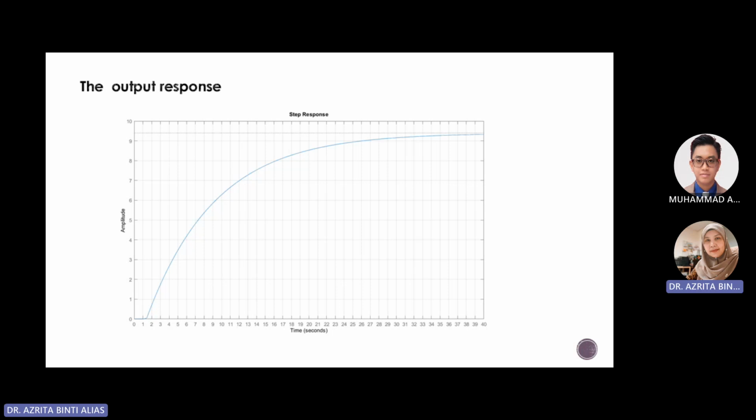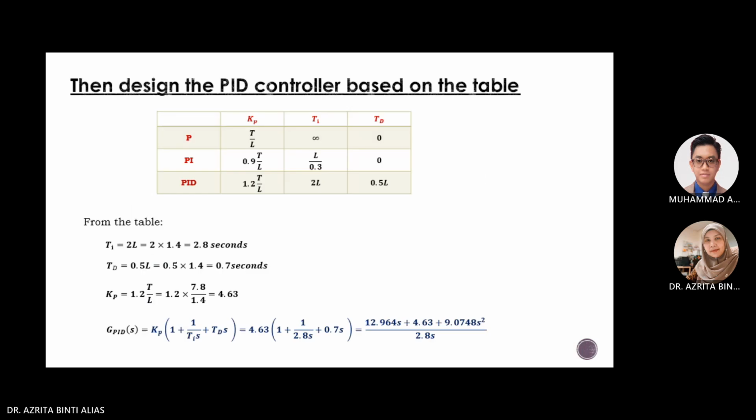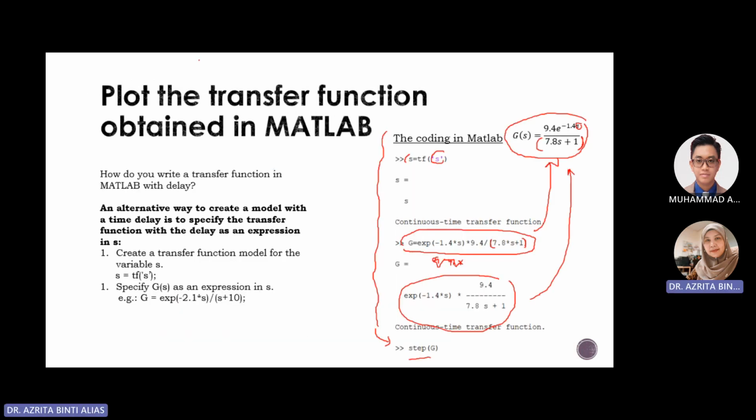Okay, so we declare as tf s. Then we have here exponential minus 1.4 s multiply with 9.4. Lepas tu kita ada apa? 7.8 s plus 1.